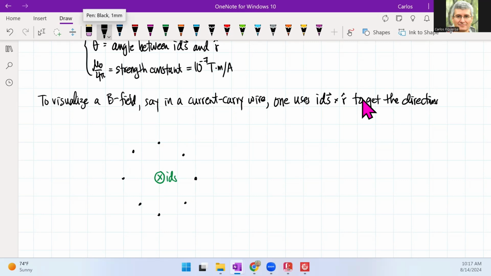And here's what I'm seeing. If I pick a point at 1, okay, so this is my r. And I'm going to say that this is point 1, 2, 3, 4. As I go around, what you're seeing here is that the vector r keeps changing.